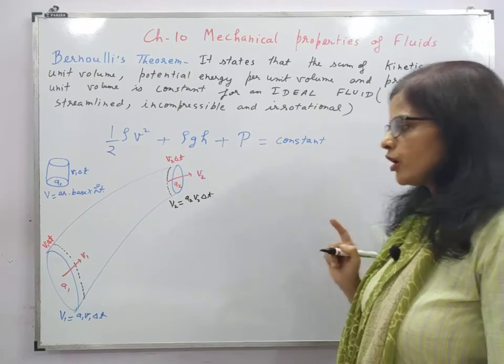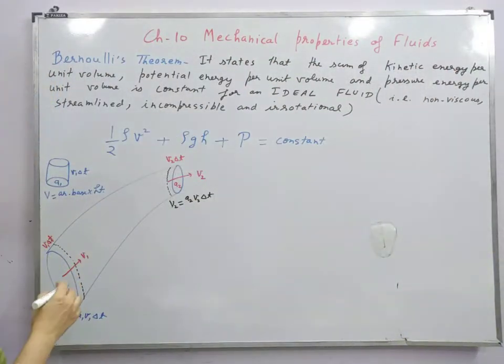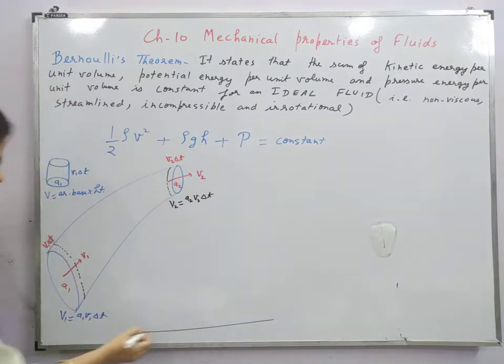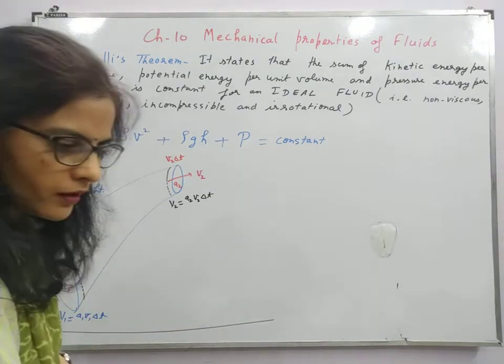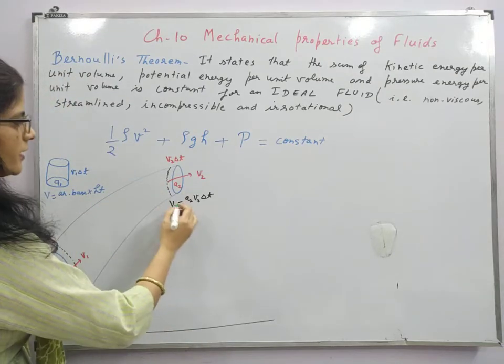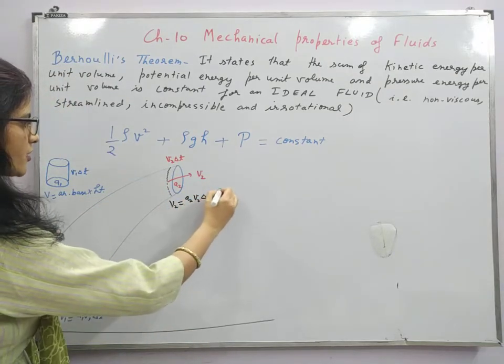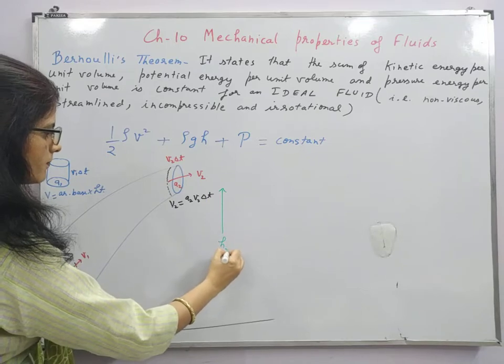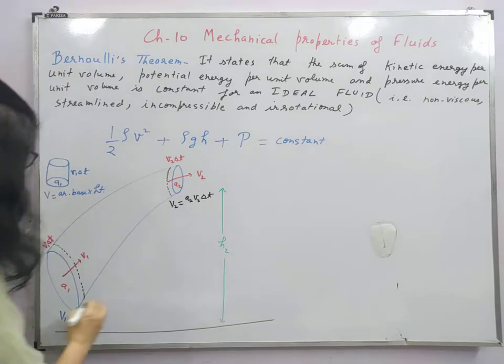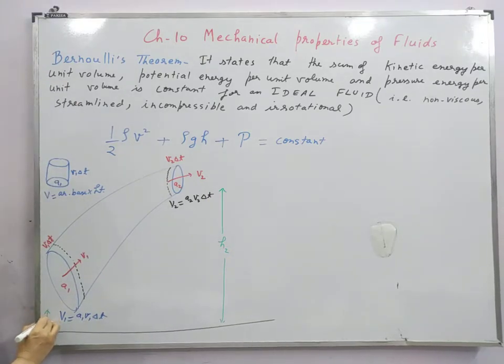Now here, what concept is working? If we have this height H2 for this cross section and this height H1 for this cross section, we know that at every cross section it will have pressure energy, potential energy, and kinetic energy.